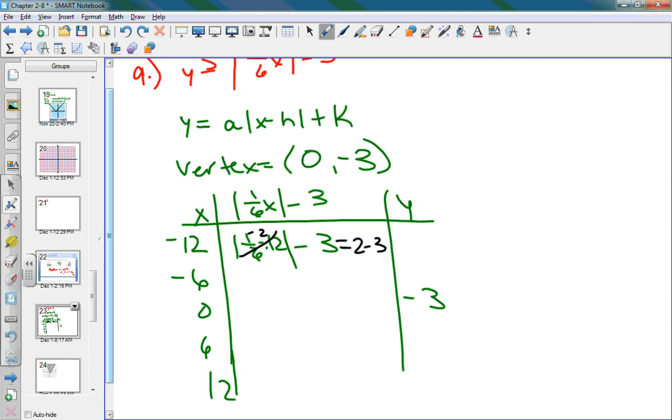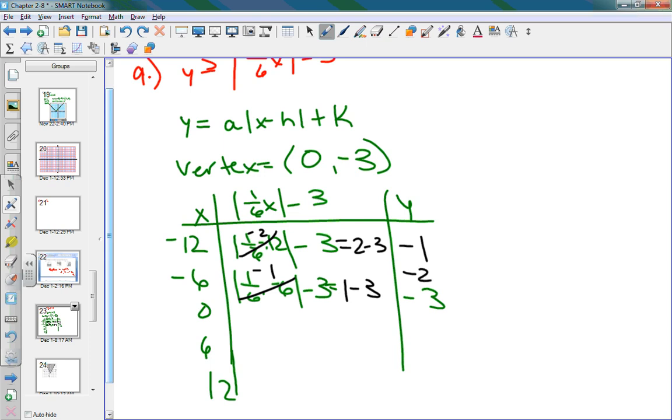So 2 minus 3 gives you negative 1. 1/6 times negative 6: what's negative 6 divided by 6? Negative 1. What's the absolute value of negative 1? 1. And what's 1 minus 3? Negative 2.